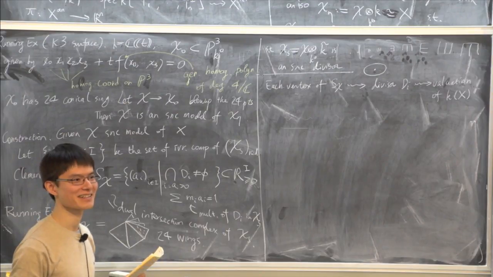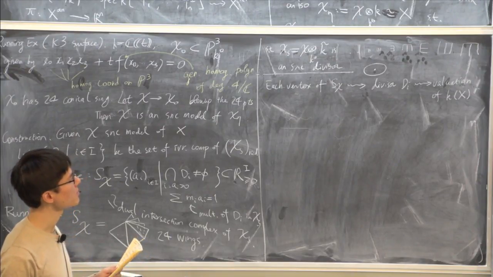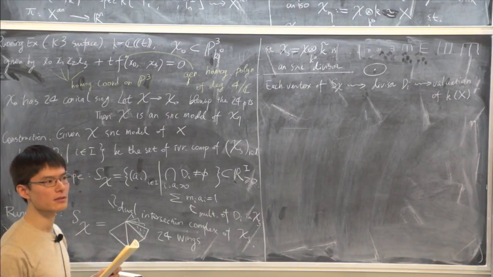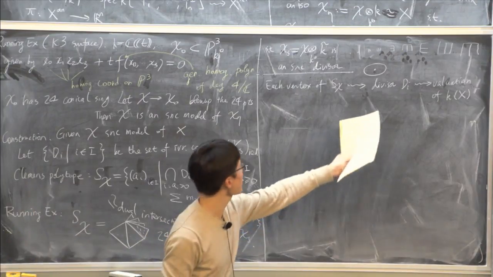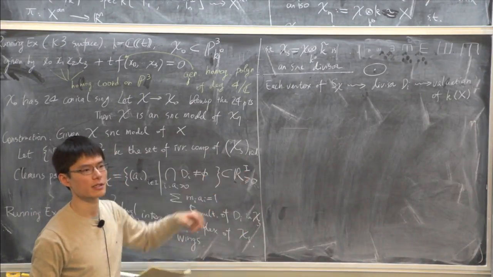What if the divisor is not reduced? Yeah, it's not allowed. We're just looking at the vertices, and di is by definition given the reduced scheme structure.